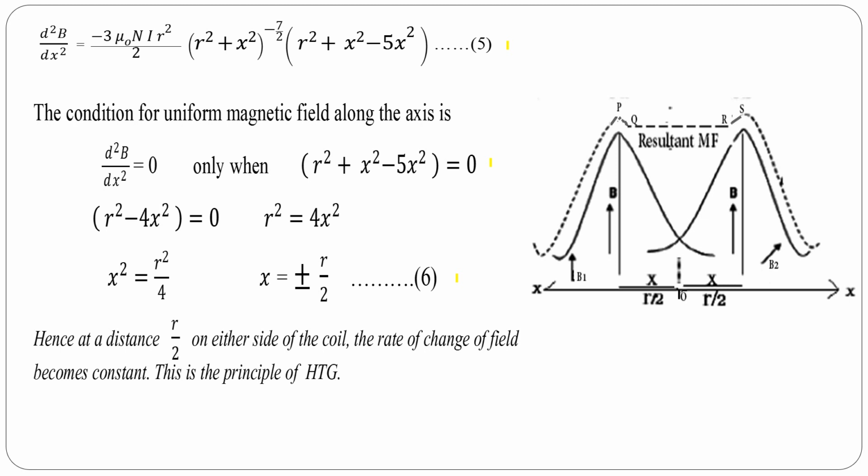Hence at a distance r by 2 on either side of the coil, the rate of change of field becomes constant. This is the principle of HTG.